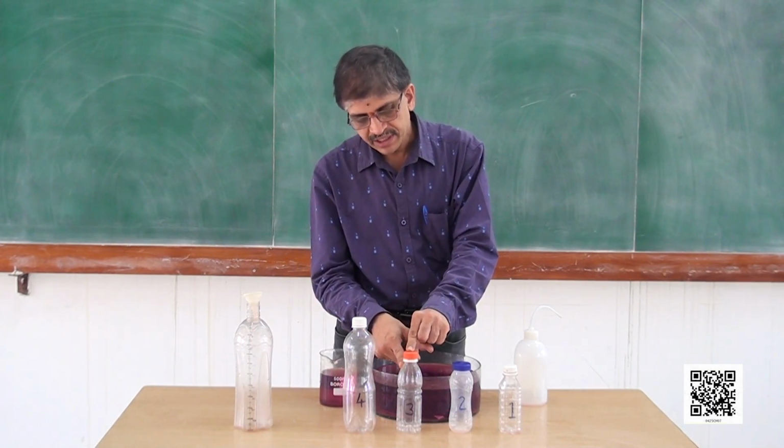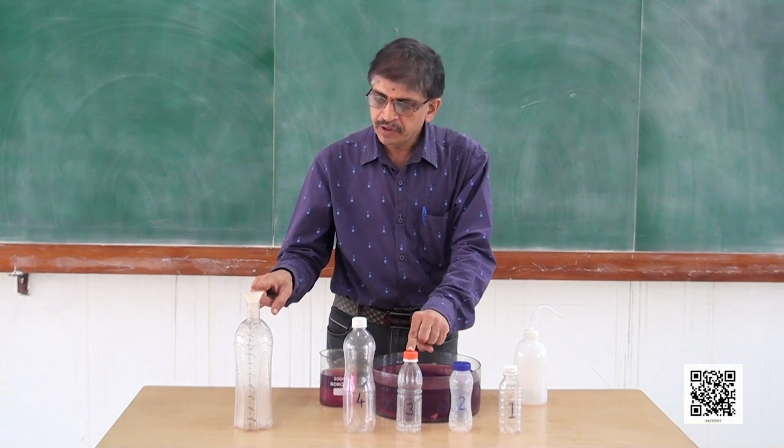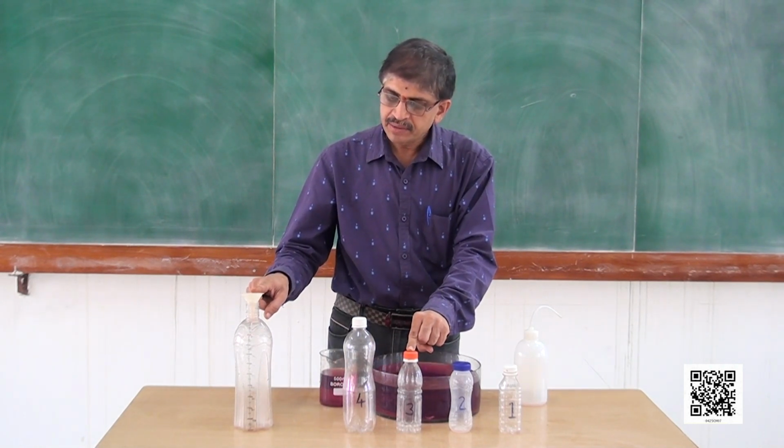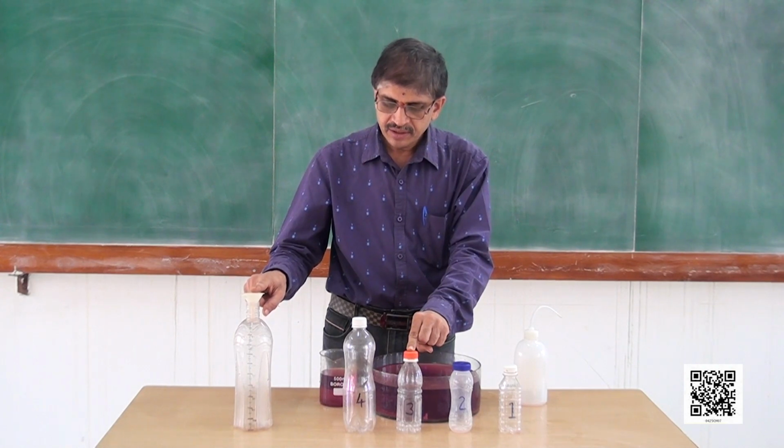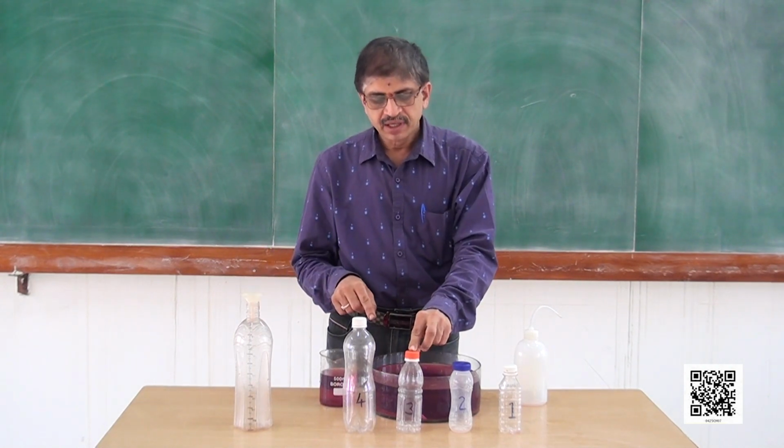How many times can bottle number 3 be poured in the 1 liter measuring bottle? Again 4 times. Let us check.